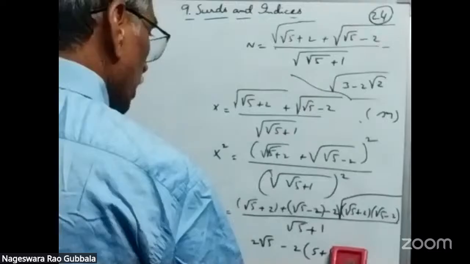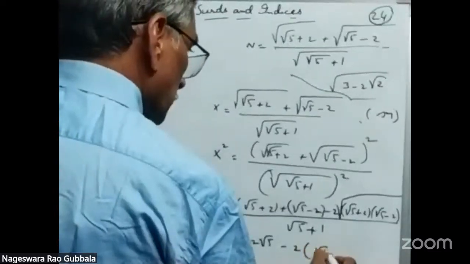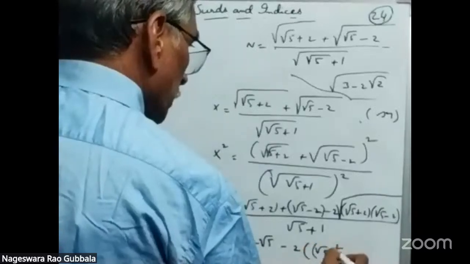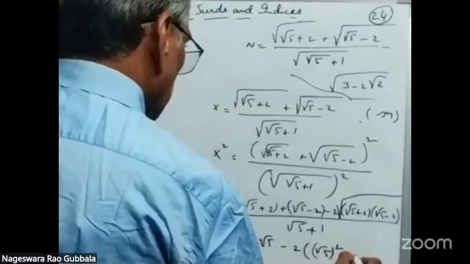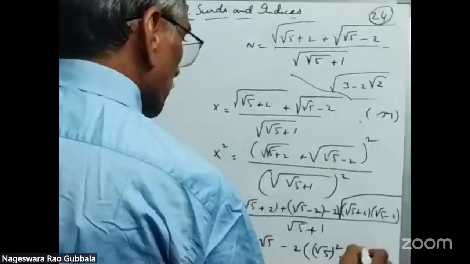A square by b square, keep it as it is. Root 5 whole square minus 2 whole square.